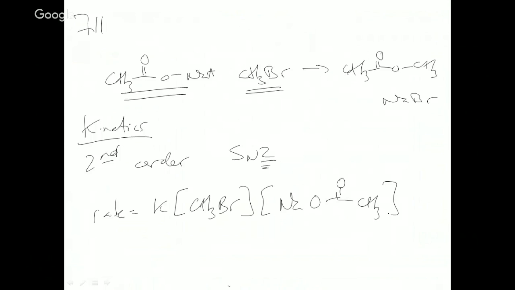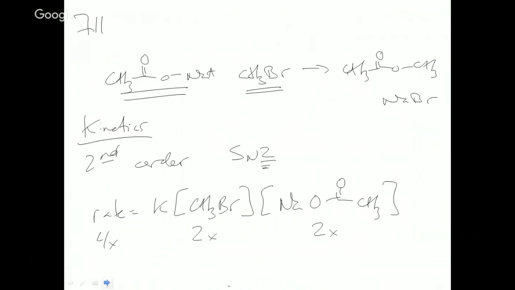So changing the concentration of either reactant affects the rate, right? If we double the concentration of this, we double the rate. If we double the concentration of both, we quadruple the rate. So it's just some simple math. Those kinds of math questions might be asked in terms of simple multiplication, not calculator math.